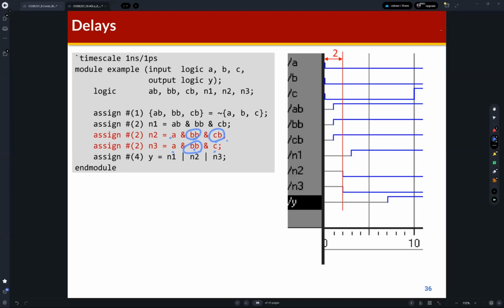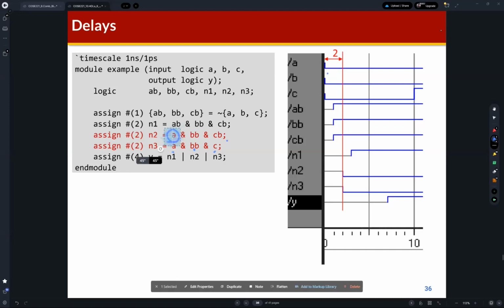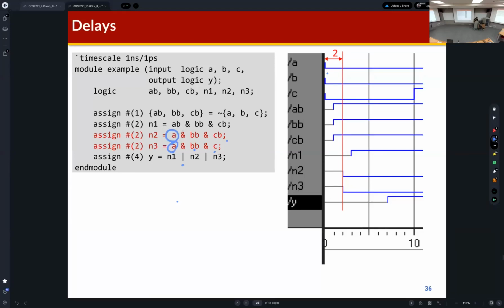Sorry, actually, this is the AND gate. And A is 0 here. Since this is the AND gate, if A is 0, then N2 and N3 also become 0.